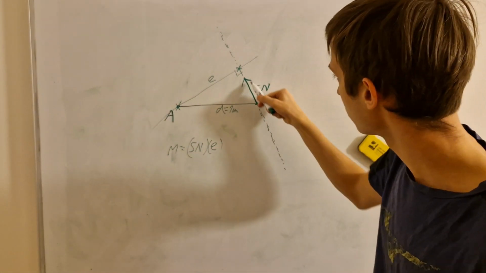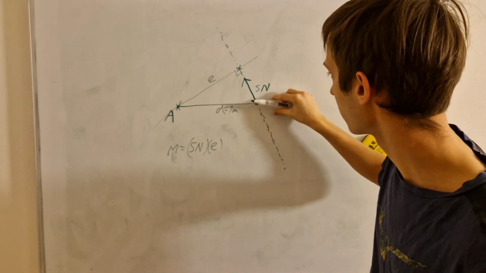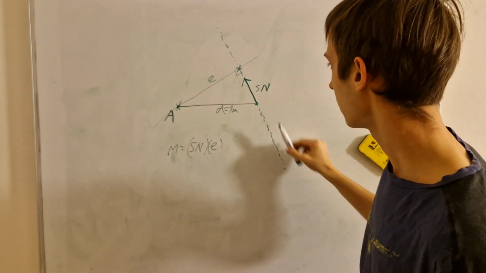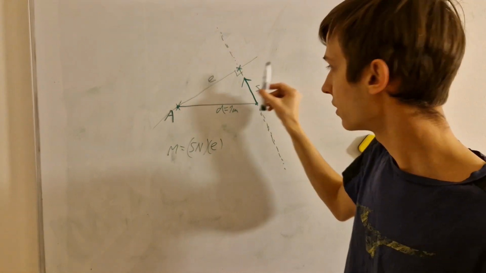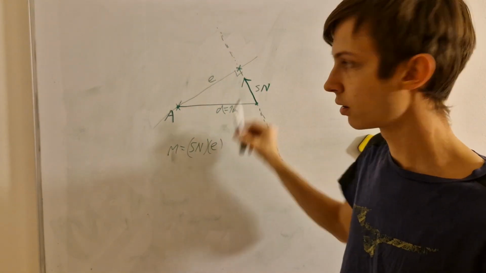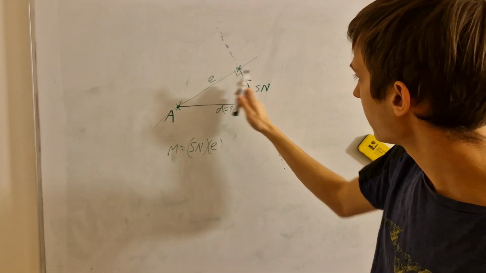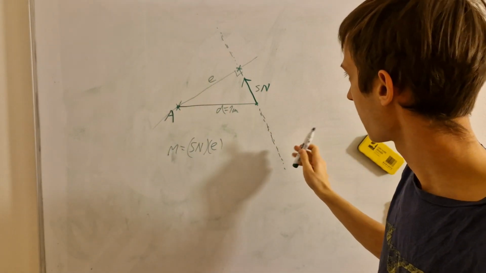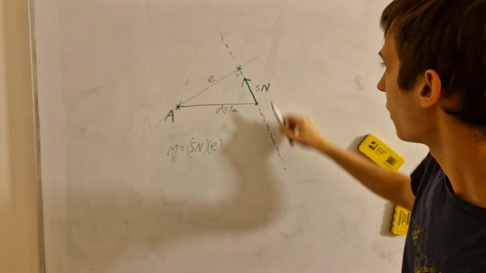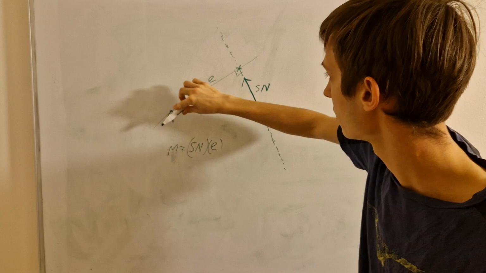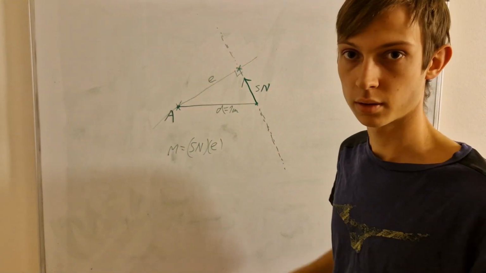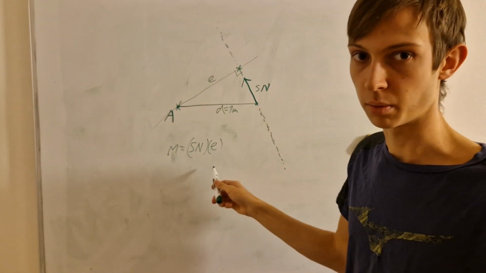But if we are able to bring out this force into a part that goes straight, that gets cancelled out, and the other part that 100% gets absorbed because it's already perpendicular, then we will only take into account this part. So either, in case the force has a different direction, we create this action line and take the perpendicular distance from the action line to the point, and use that for the calculation of the moment.